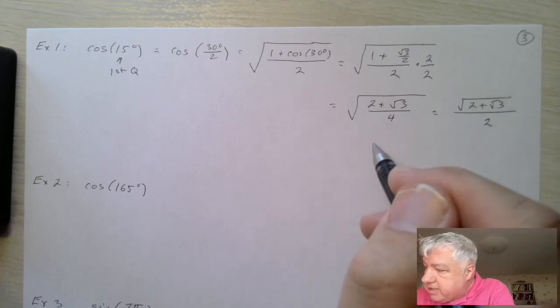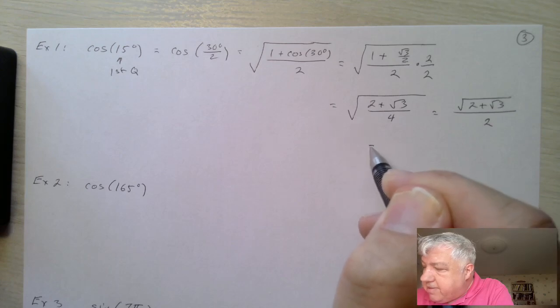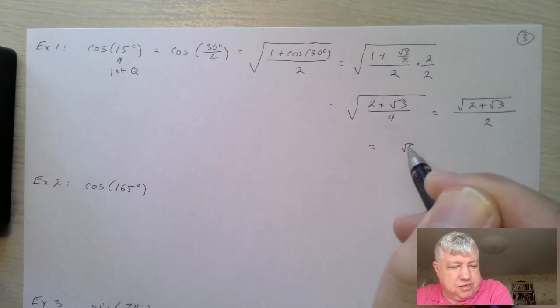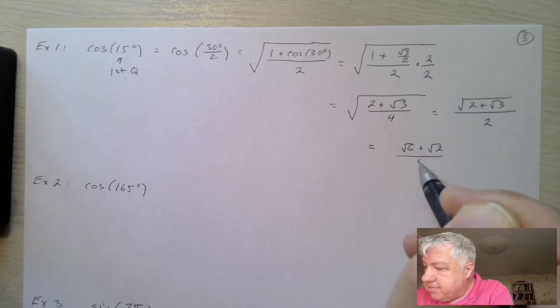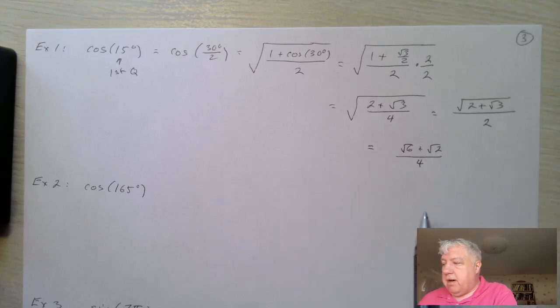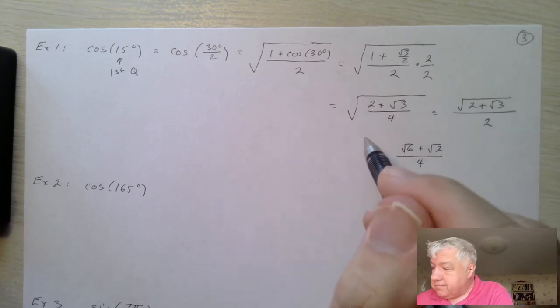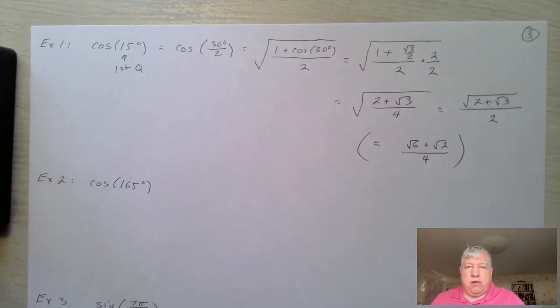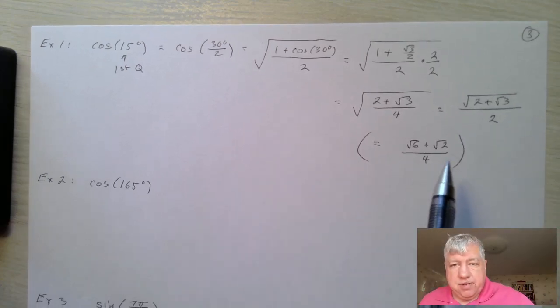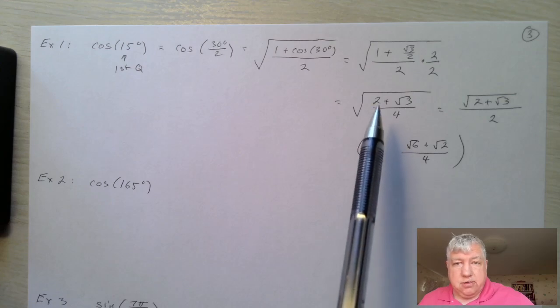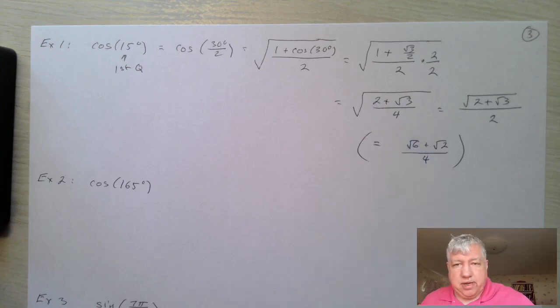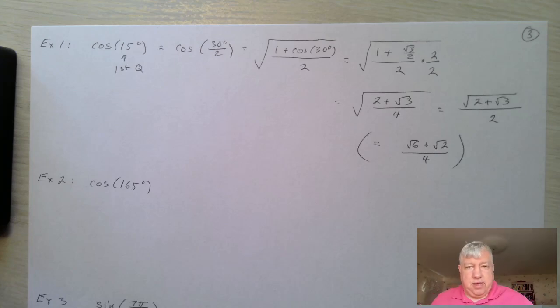We actually found that the value was the square root of 6 plus the square root of 2 all over 4. Okay. But I will just say that if you take this number and square it, you do get (2 plus square root 3) over 4. Okay, if you're not convinced, you can just do it. So some of these numbers have different forms. Okay, they can both be correct.